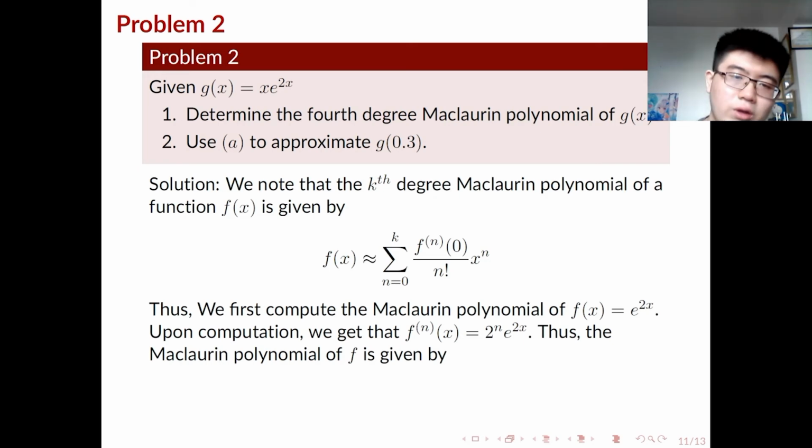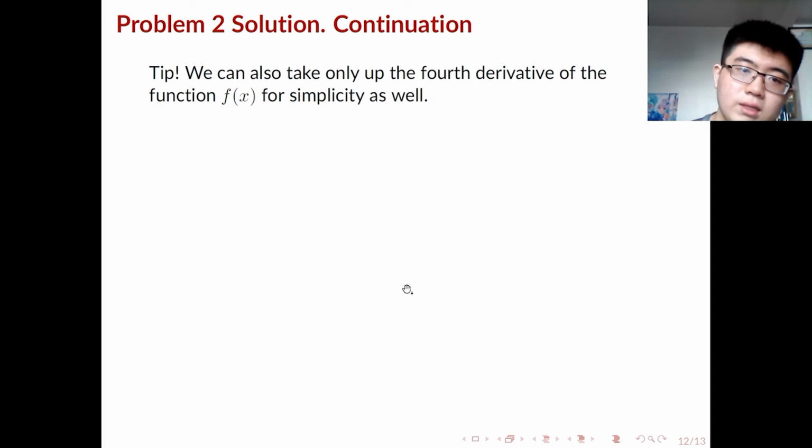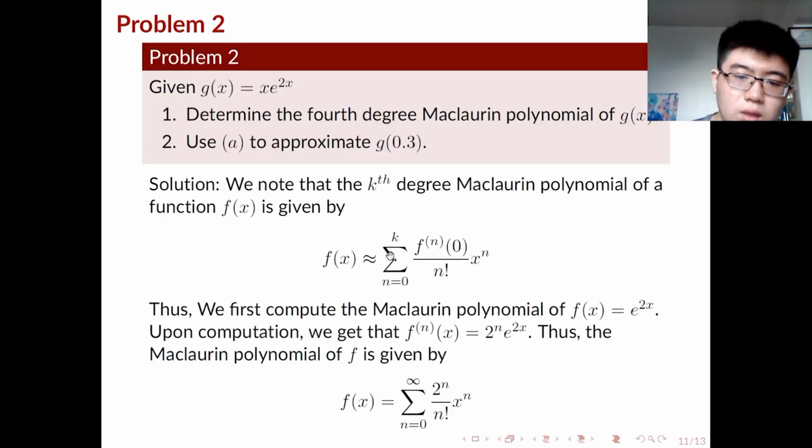Since it's just up to the fourth degree, we can just take the derivative 4 times and we'll still get the same result. Therefore, the Maclaurin series of f is given by f(x) equal to the series of 2^n over n factorial times x^n, from n equals 0 to infinity.